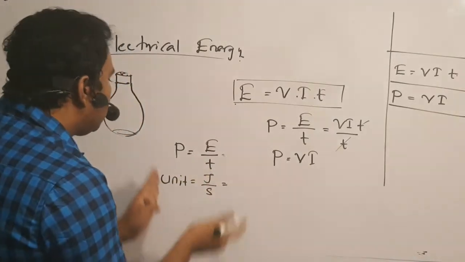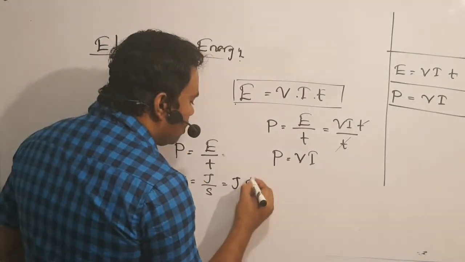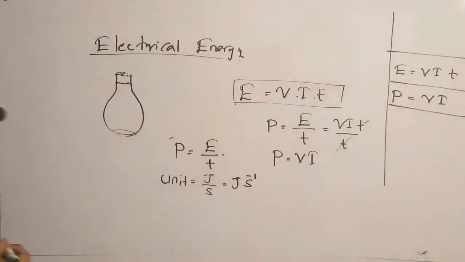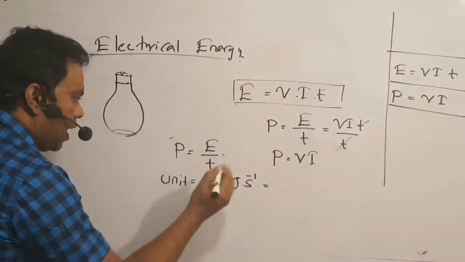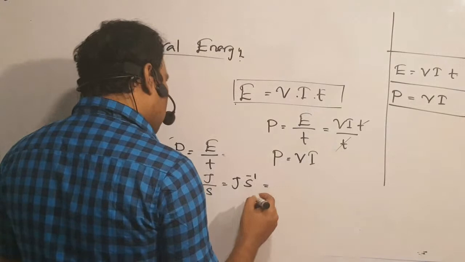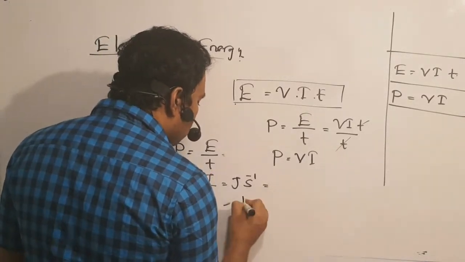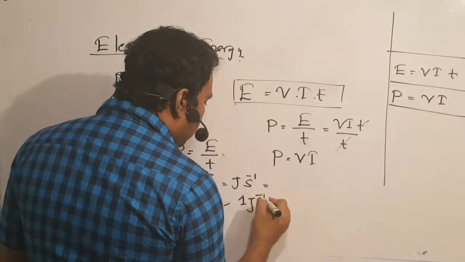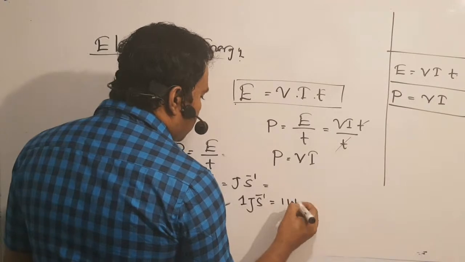So the unit that is used to measure the power equals joules per second. So that's joules per second. So this is defined to be, this is the derived unit, as an honor to the scientist, watt. So we name this 1 joule per second equals 1 watt.